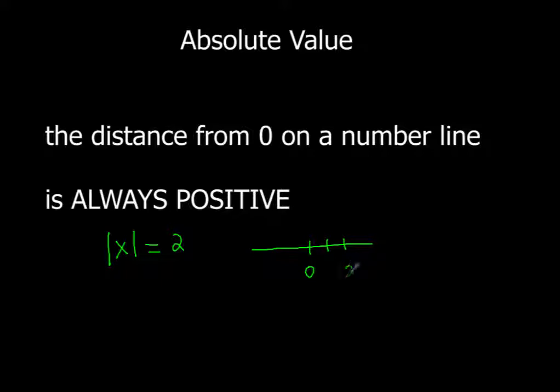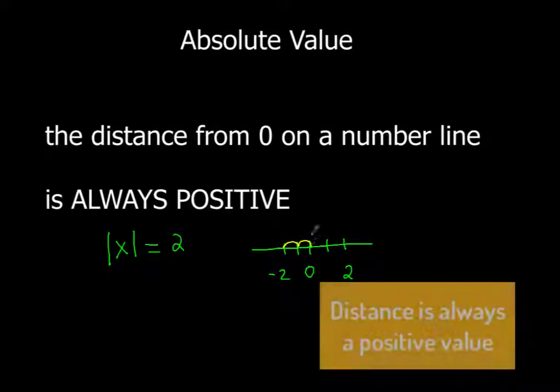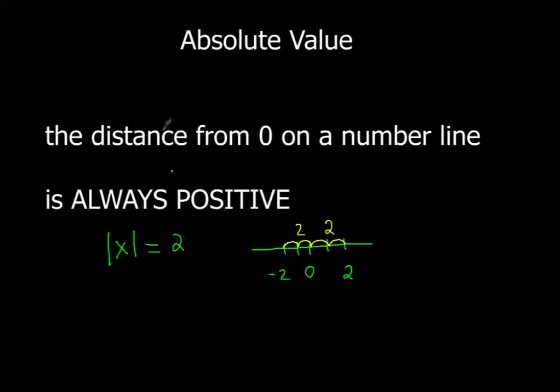One of them is right here at 2, but I could also go in a negative direction and come up with another value, which is -2, because if I count from -2 back to 0, that has a distance of 2 units, just as going from 0 to +2 also has a distance of 2 units. So my two solutions for x, the two possibilities, are x is +2 and x is -2.